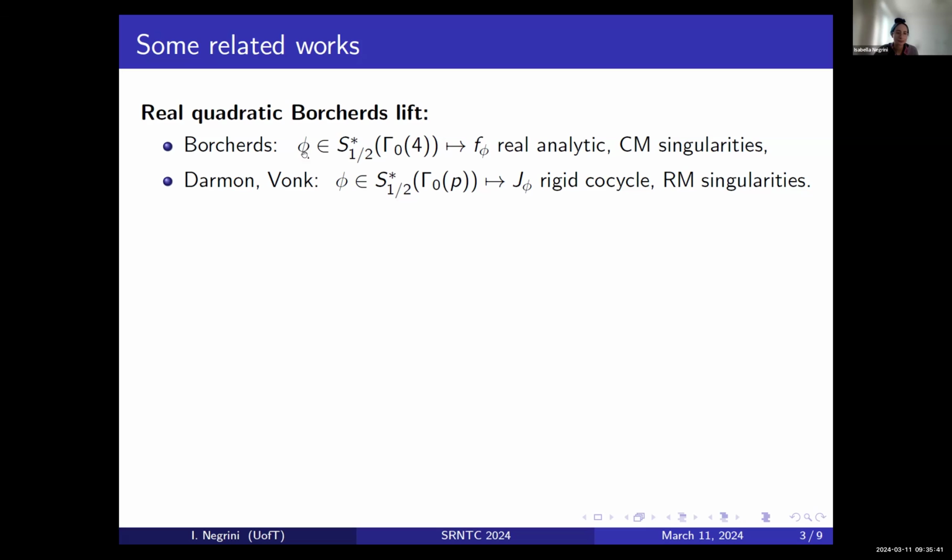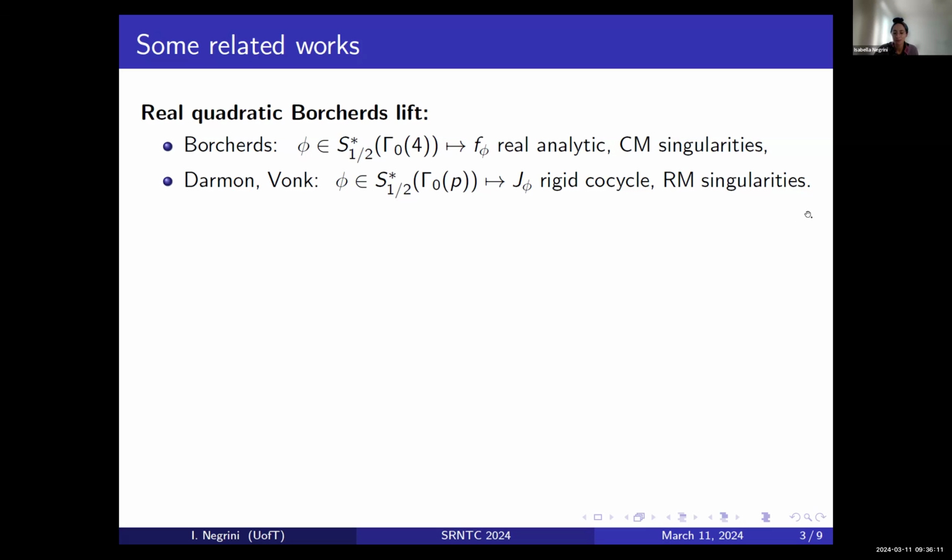And then Darmon and Vonk again start with a similar object, so again a nearly holomorphic modular form of half integral weight. Now there's a p in the level. And they define now a rigid cocycle, which now has singularities at real multiplication points. So these are now in the p-adic upper half plane. And again, these singularities are determined by the principal part of the starting object.